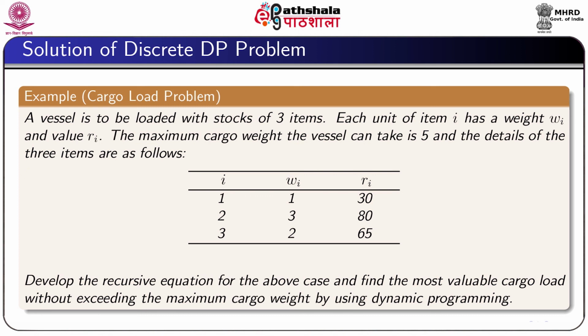We have items 1, 2, 3. The weights of items 1, 2 and 3 are 1, 3 and 2 respectively, and the values of the items are 30, 80 and 65 respectively. Develop the recursive equation for the above case and find the most valuable cargo load without exceeding the maximum cargo weight by using dynamic programming.